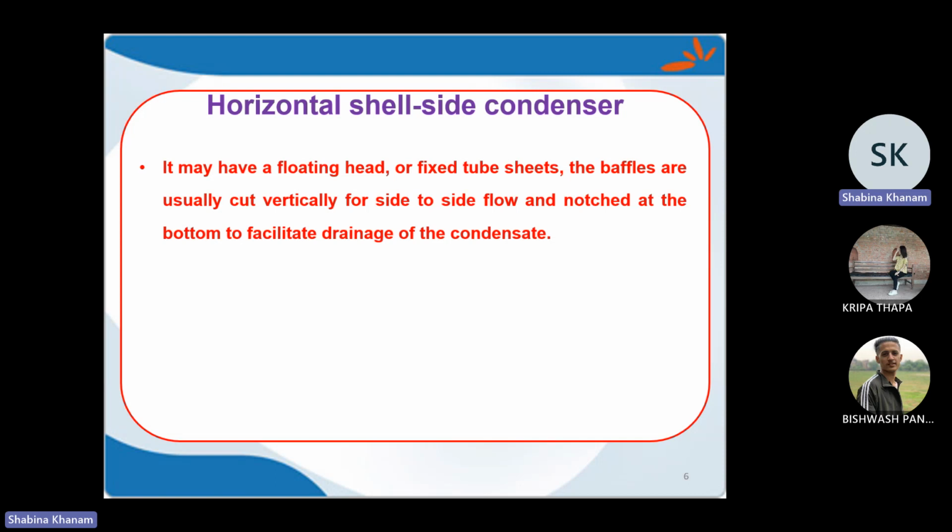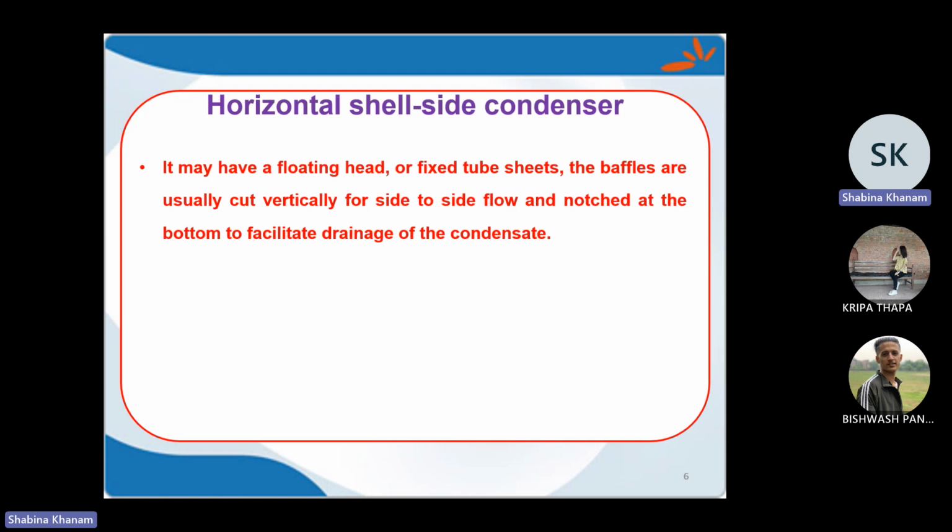When we consider the baffle, usually we consider segmentally cut baffles. In a normal shell and tube heat exchanger, these cuts are horizontal, either from the bottom or from the top, right? As I have already shown you the baffles.